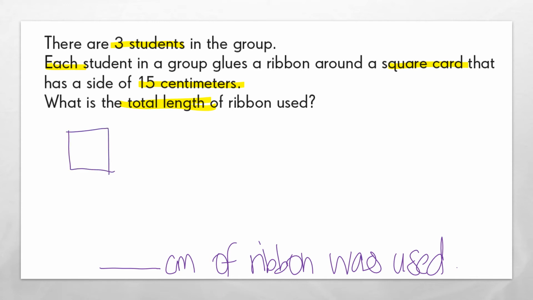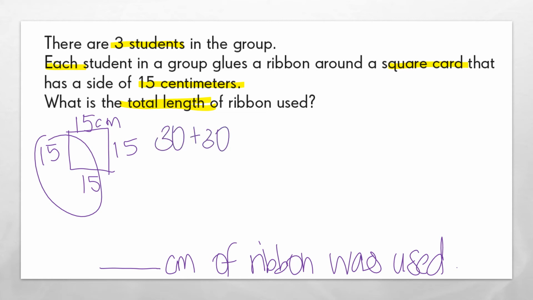We know that the card is square, and we know that each side is 15 centimeters. So that means this side is 15, this side is 15, and this side is 15. So two 15s together is 30, so the other two is 30. So 30 plus 30 is 60 centimeters, which would be on one card.